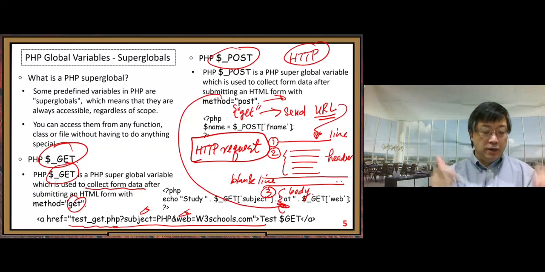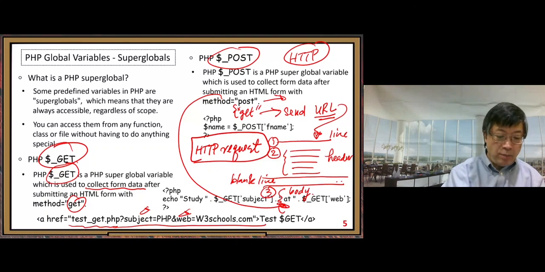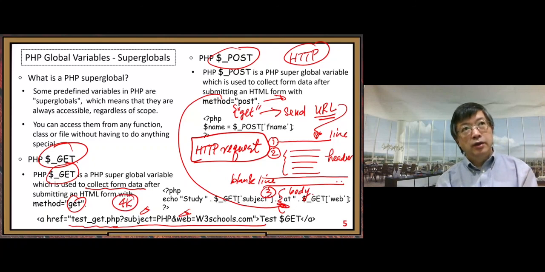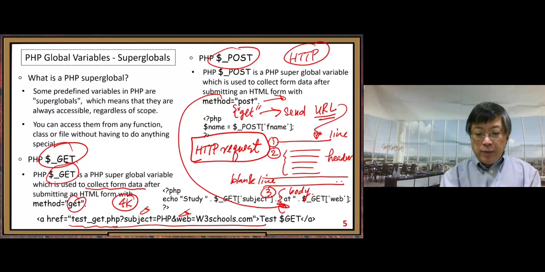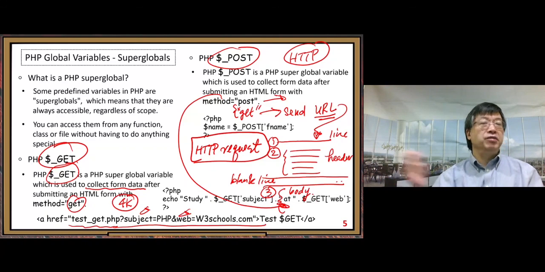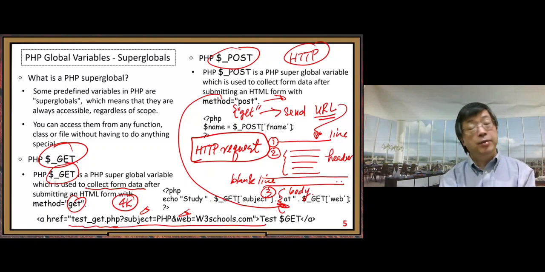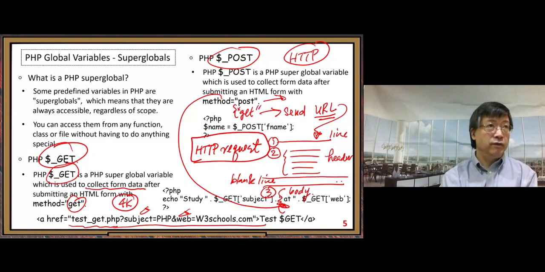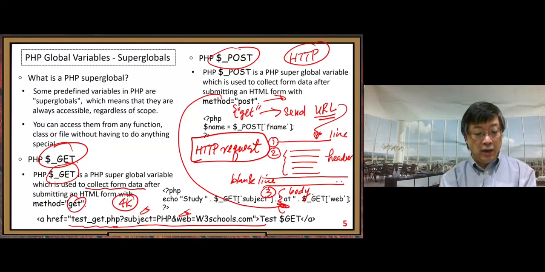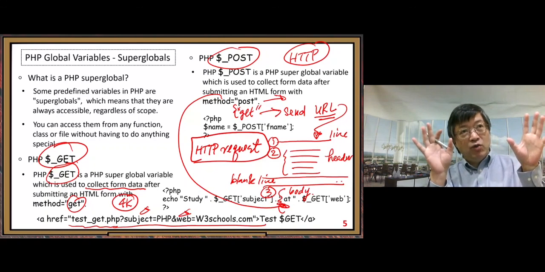The typical limit is 4K. So you cannot send too many characters. But in the body, there is no limitation. You can send a large number of characters, any number of characters. So that's the first difference.